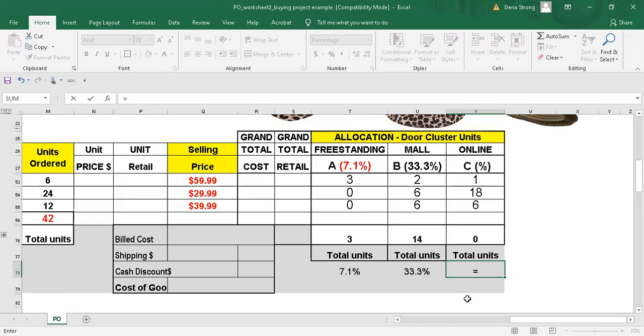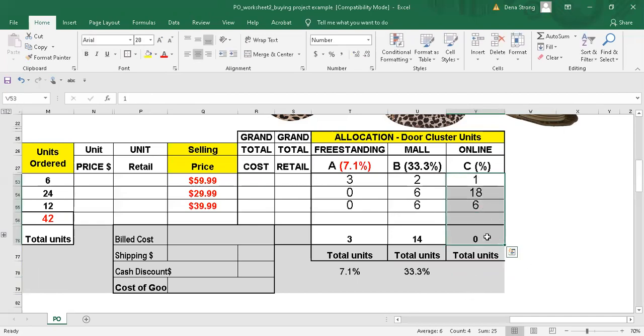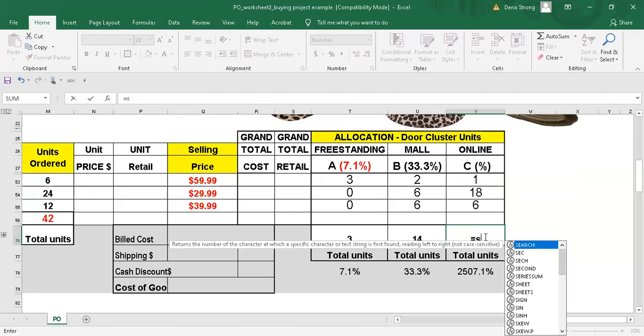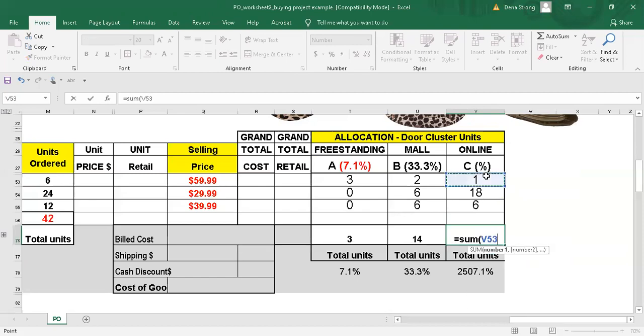oh, I'm sorry, the number disappeared. Here, the auto sum. Okay, why aren't we auto summing? Equals sum. Sometimes you have to use a different approach. Sorry, I did that wrong.